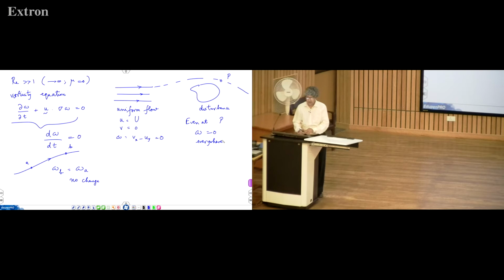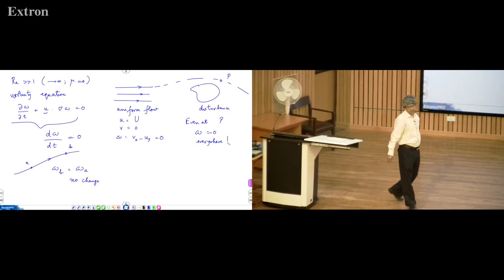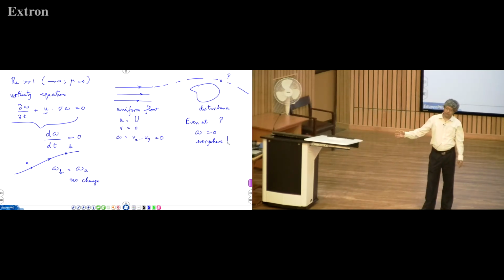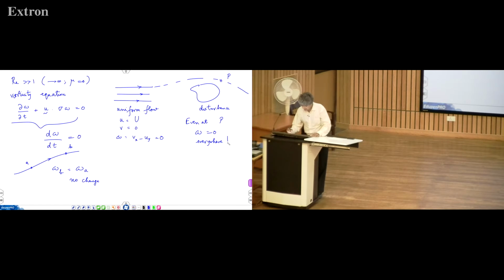So, what it tells you is, let me put an exclamation mark, instead of solving the Euler equations, you now solve omega equal to 0, that becomes your governing equation. So, this now becomes your system of governing equations.